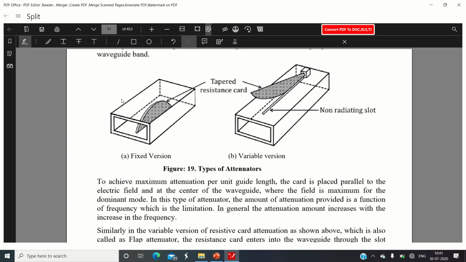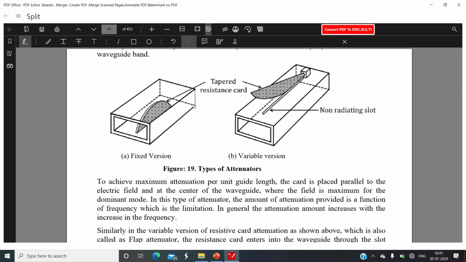One attenuator on the left hand side is called a fixed attenuator, because when you use this attenuator in the circuit, it is going to provide us a fixed attenuation of a certain fixed amount. On the other hand, if we want to achieve variable attenuation in the signal, at that time we will make use of this second configuration. So what is the difference between the first type and second type? In the first type, it will provide a fixed attenuation.